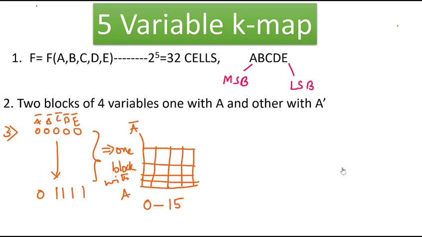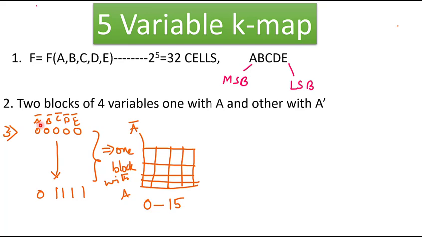If you write the binary combination of 0 to 15 with 5 literals, you start with all 0, that means A bar, B bar, C bar, D bar and E bar, all zeros, to 15 which means 0 1 1 1 1. If you look here, your A is 0 for all these 16 combinations. That's why I am taking all these 16 combinations under A bar.